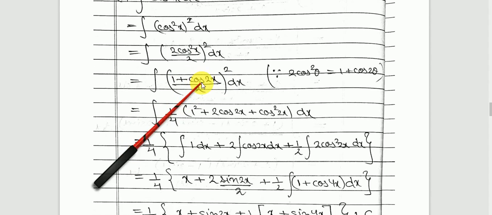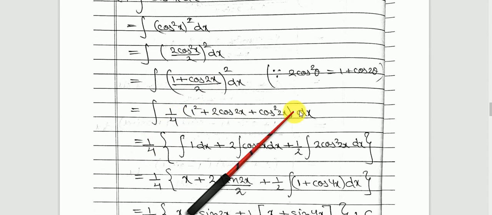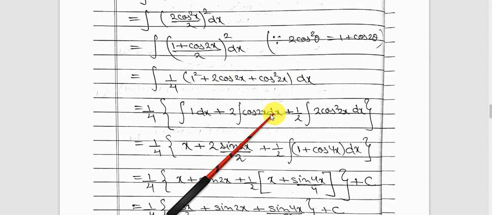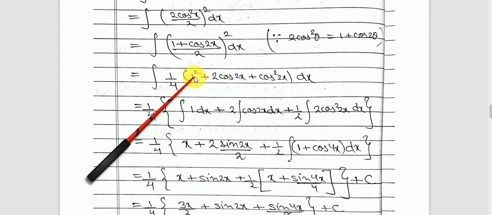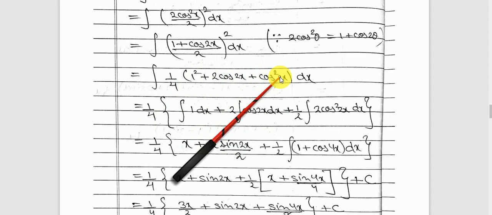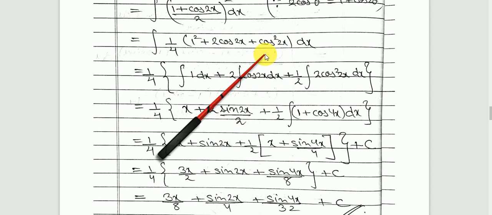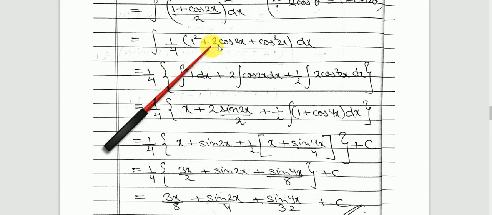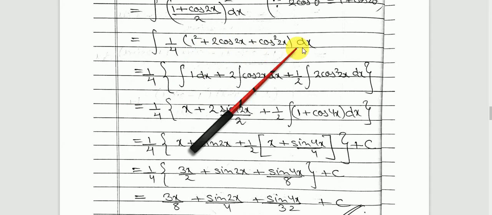Then 2 times cos square x can be written as 1 plus cos 2x, and then using the a plus b whole square formula we can write this way. Now out of these 3 terms I know the integration of 2 terms. For this I don't know, but this cos square 2x can be simplified. So firstly we'll write them separately.